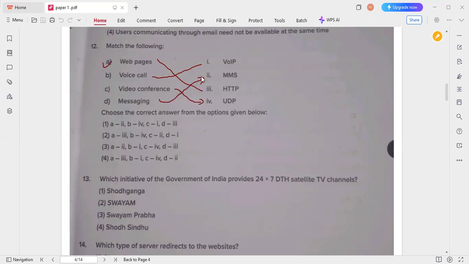So all these options are there in the fourth option. So option 4 is the correct answer for this 12th question. Next question, which initiative of the government of India provides 24/7 DTH satellite TV channels? So here the answer is Swayam Prabha. Option 3 is the correct answer.